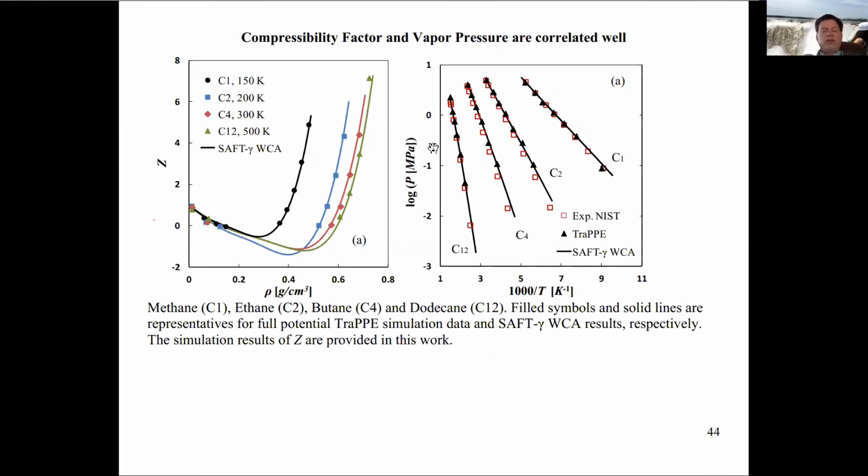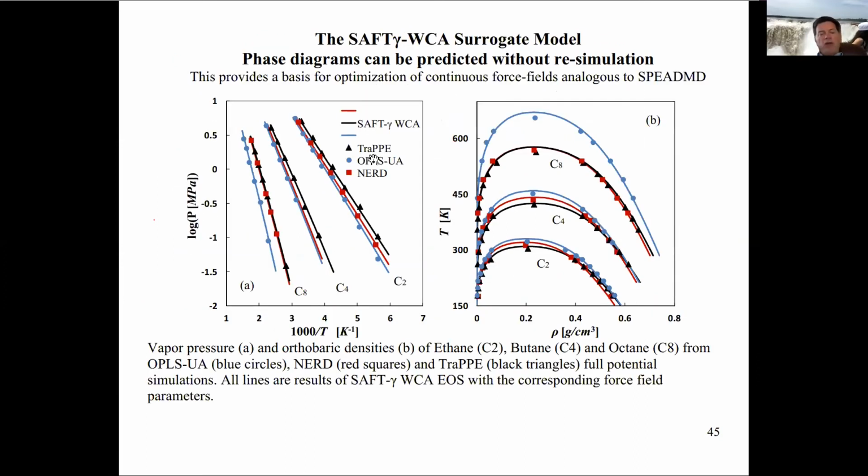Here's the demonstration of quantitative accuracy, very analogous to what I showed you with butane at the beginning. Now we can turn the crank with basically a surrogate model, which is this SAFT-gamma WCA equation of state. To demonstrate that, we did the simulations of just the TraPPE-UA potential.